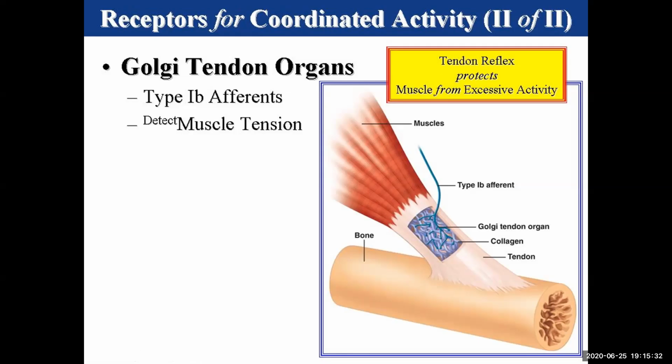And this system, the Golgi tendon organs, inhibits a reflex. So as the muscle is stretching out, the reflex is to contract. But under some circumstances, when that muscle is contracting so forcefully or stretched out so forcefully, if you contract, you will tear tissues.